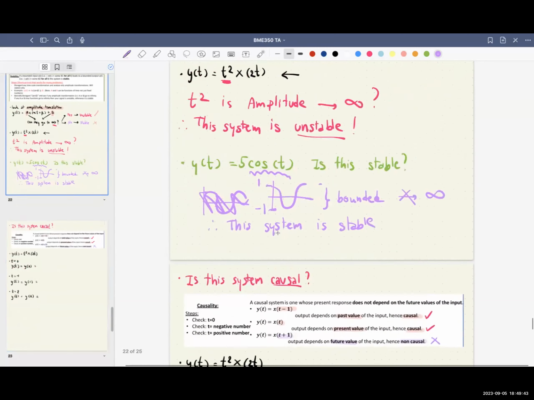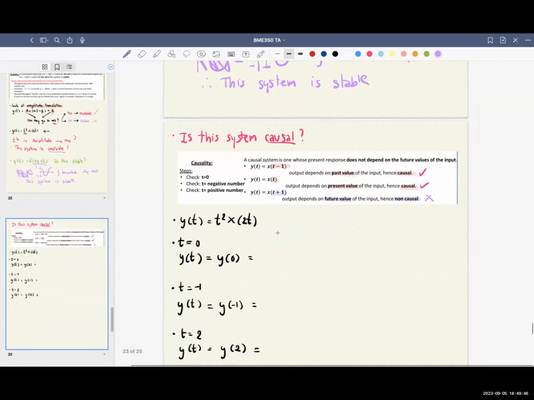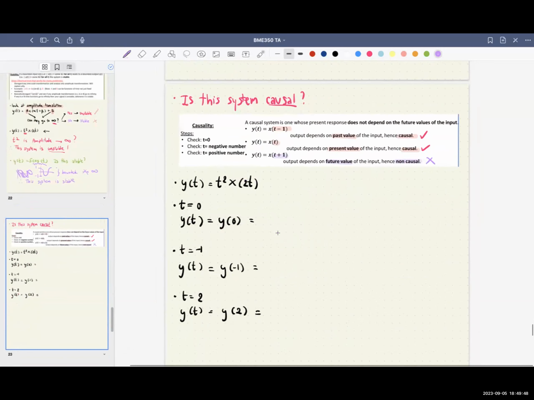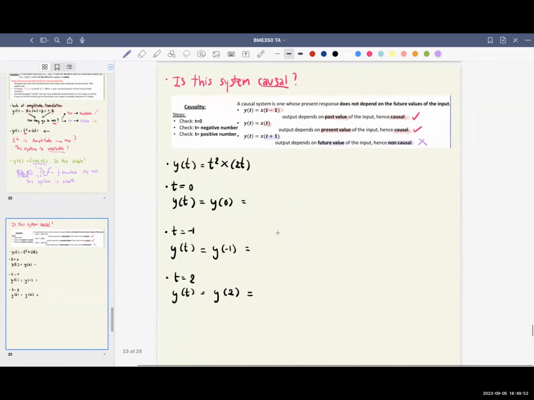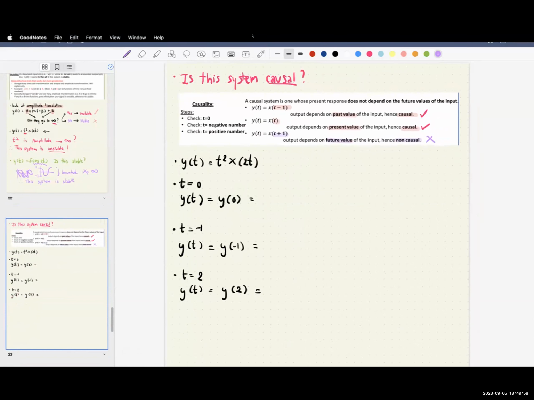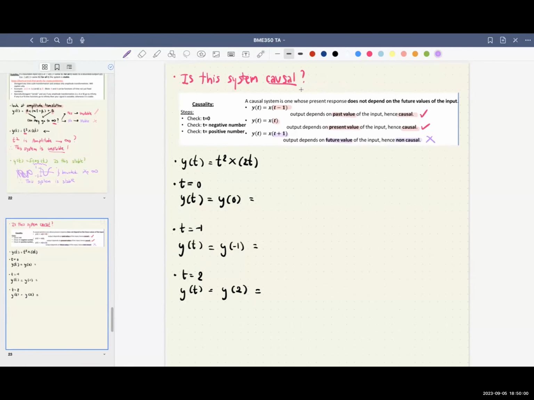If we're good with the stability of the system now, let's move on to the causality of the system. When we want to know if any system is causal or not, we want to know if the system depends on the past value and the present value.